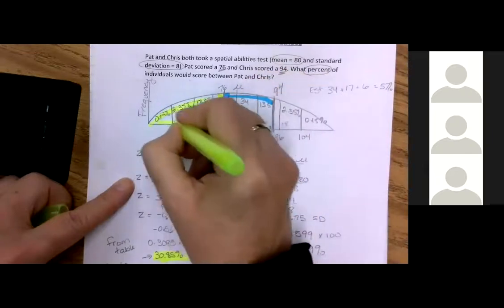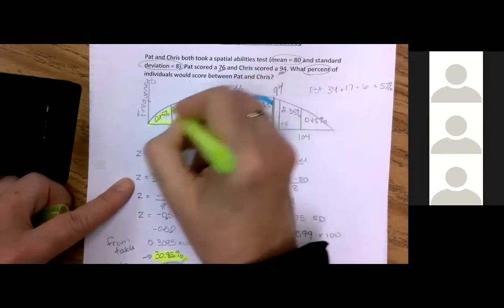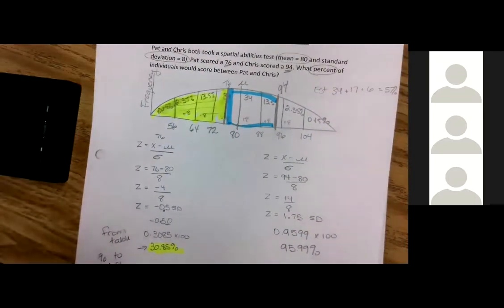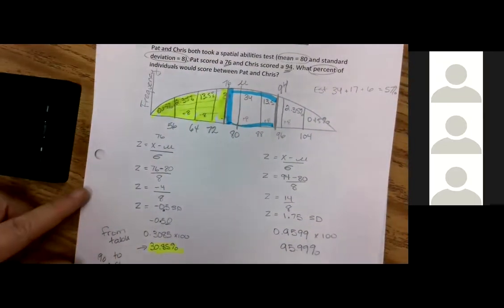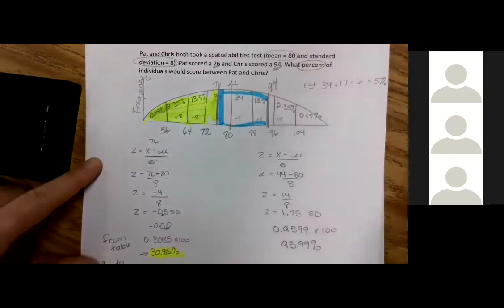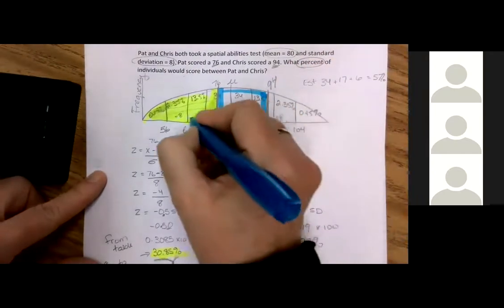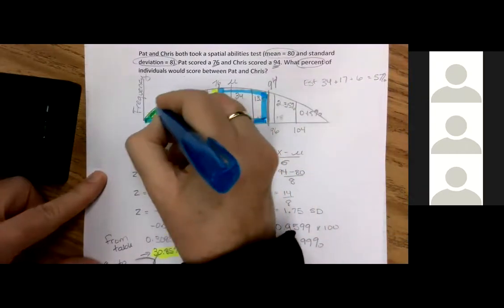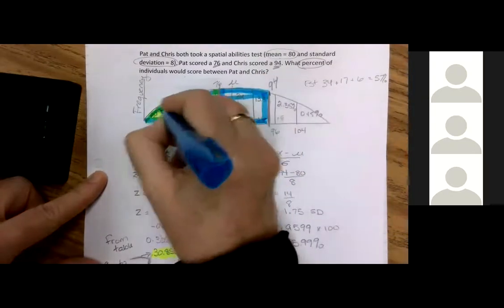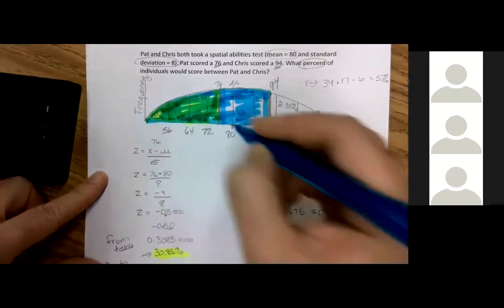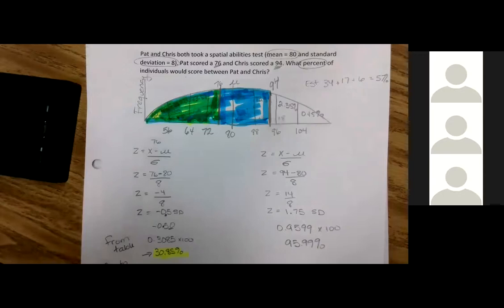So I know that over here, that part is 30%. This 95% represents, and it's key, all of that stuff.